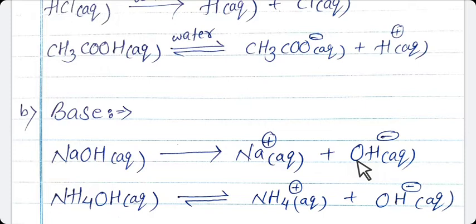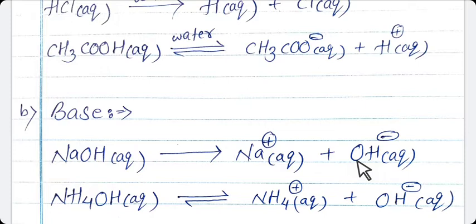Student, as you have seen, H plus ion is produced in aqueous solution, and OH minus ion is produced in aqueous solution. So remember, whenever you are writing the Arrhenius theory, it is very necessary to write in aqueous solution.